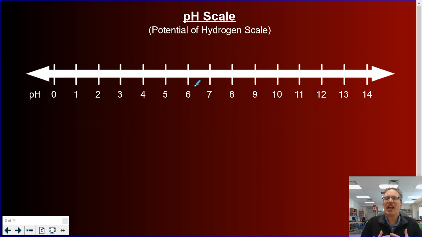What is pH? Well, pH is actually the potential or the power of the hydrogen scale. Now, ideally, because we just revised the definition, you could say it's the potential or the power of the hydronium scale, or the potential of the hydronium ion, and that would be fine as well.